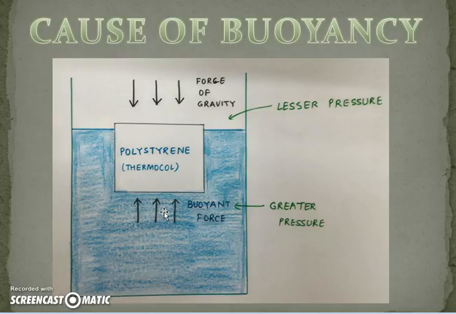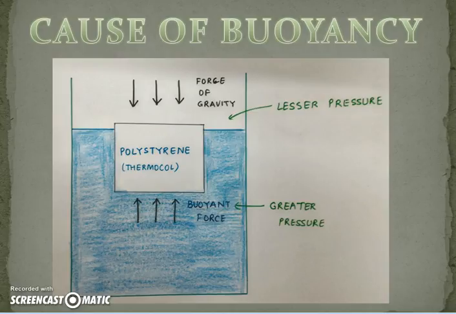Now we know that the pressure exerted by a fluid increases with depth. So the top of the thermocol experiences less force downwards as compared to the bottom of the thermocol, which is of course at a greater depth, and experiences a greater force in the upward direction. So here we can see that there is a net force in the upward direction. This net force in the upward direction is the buoyant force.